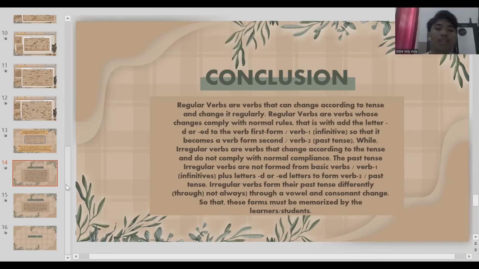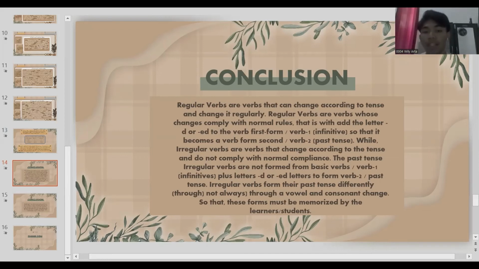In the regular verbs, there are 142 data or 45.51%. And in the irregular verbs, there are 170 or 54.49%. It shows that the most dominant past verb written by the students in their essays is the irregular verb.